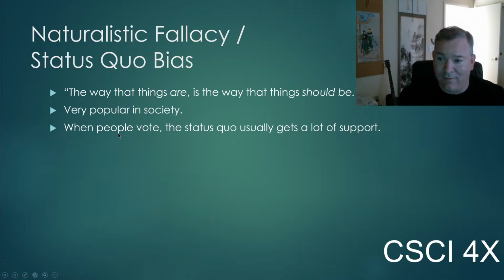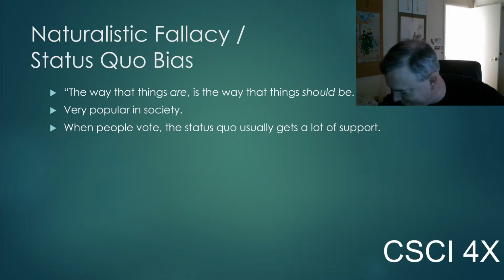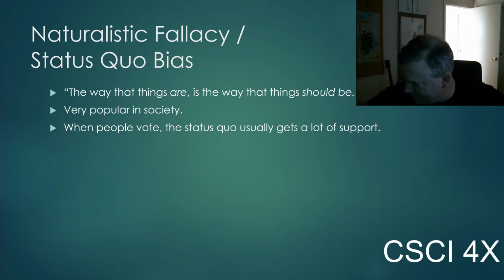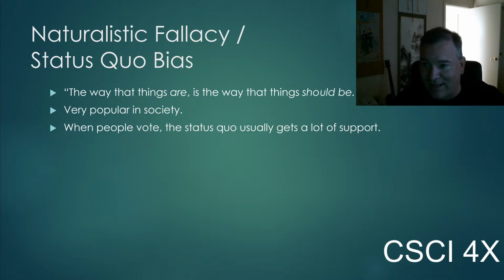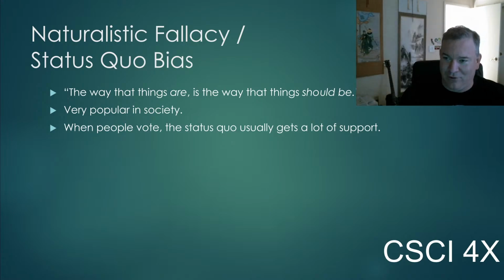Very popular in society, very popular in marketing, right? This is made up of all natural ingredients. I'm buying a car, dude. I don't need it to be all natural. You know what I mean? Like, this bag here is made of 100% natural ingredients. There are no artificial ingredients in this bag.